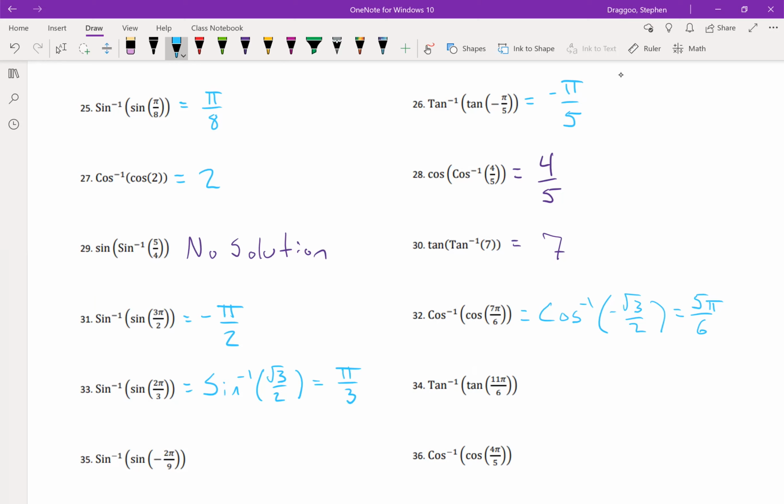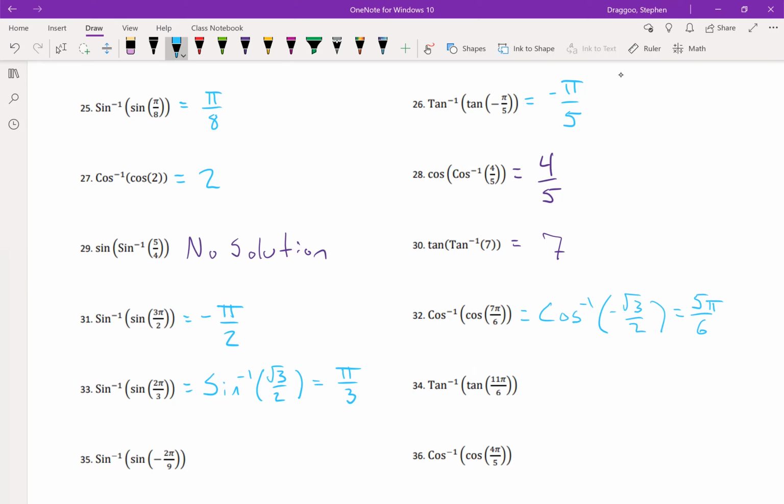So notice in these last three cases, we don't necessarily get that sine inverse always just undoes the sine function, so we don't always get the same angle back out, but we will get some similar angle that comes out. So it'll probably still be in that same class of angle.